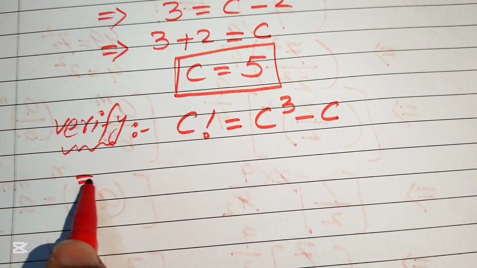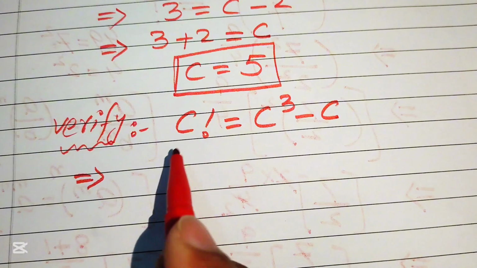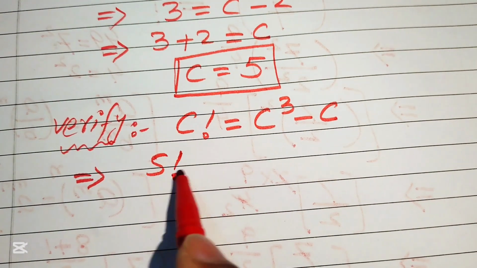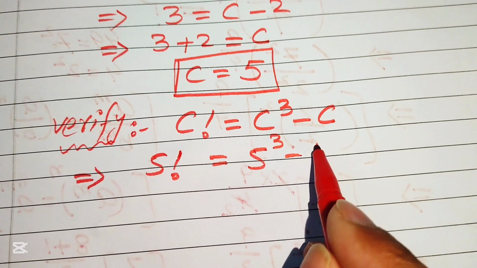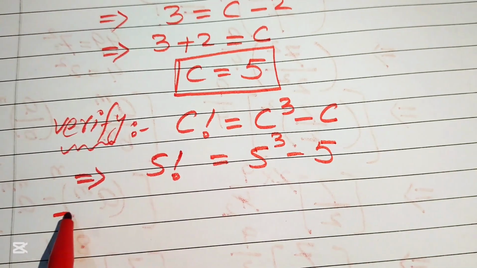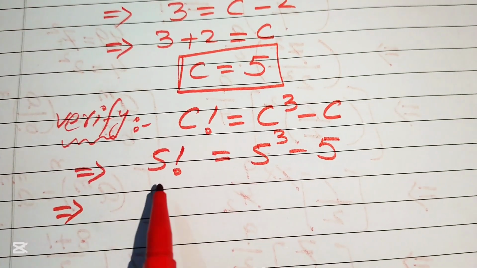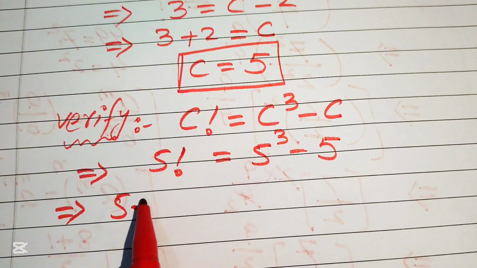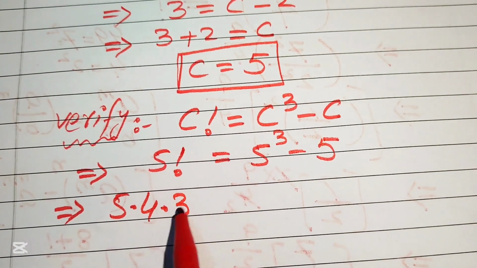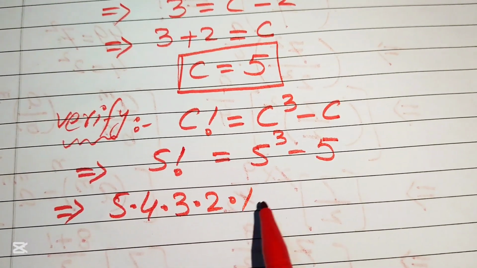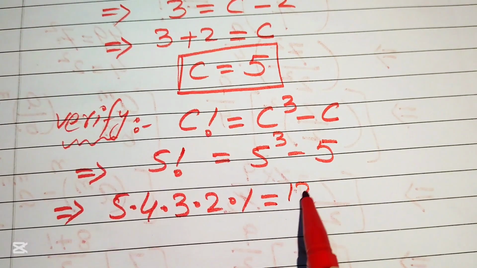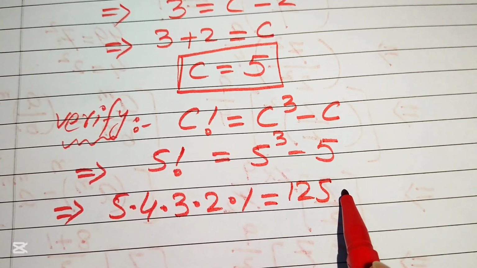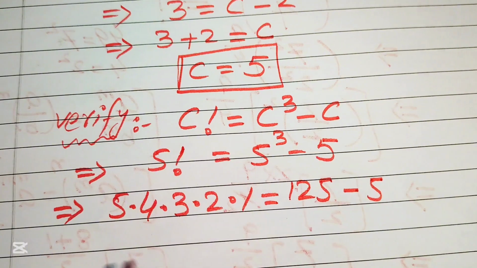Now we put the value of c here, and it is written as 5 factorial equals 5 cubed minus 5. Here you clearly know about 5 factorial. It means that we multiply 5 times 4 times 3 times 2 times 1, and 5 cubed is 125, and minus 5.